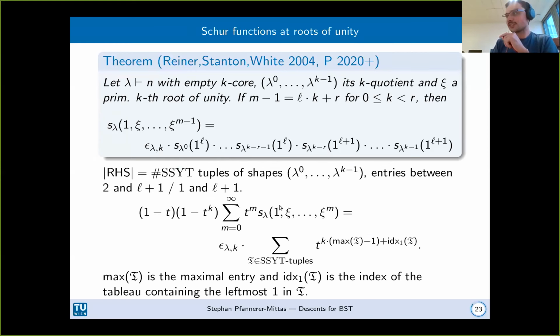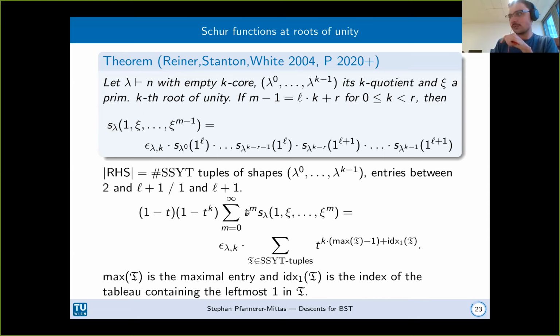And if we now look at what we had before, this was the right-hand side of Gessel's identity. When we plugged in the roots of unity, we can nicely rewrite this now as a generating function over these semi-standard Young tableau tuples, where in the powers showing up we have the maximal entry minus 1, and we multiply this by k, plus the position of the leftmost one in T. So this result you can obtain if you first multiply in this 1 minus t.